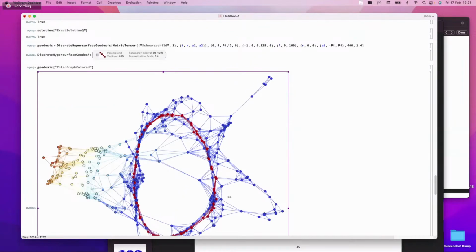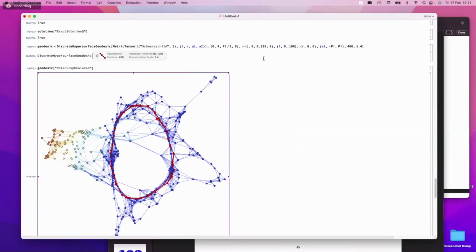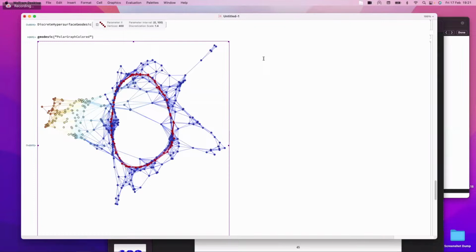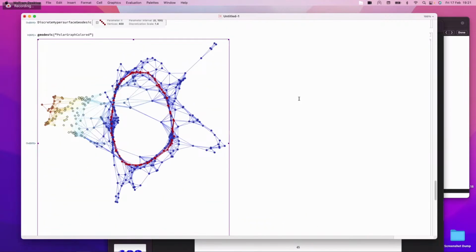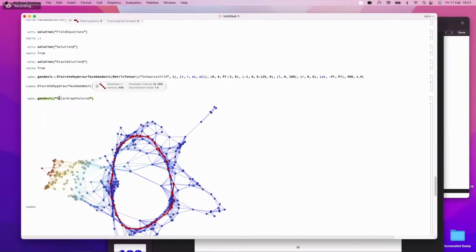This should be a circular orbit. Oh, hold on, wait. Okay, so the background graph here is what, before you put the geodesic on it? It's the Schwarzschild metric. Okay, it just redrew itself in a weird way. I can coordinatize it if you want. No, I'm happy with that.